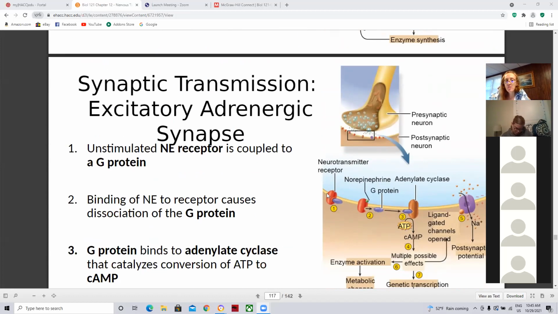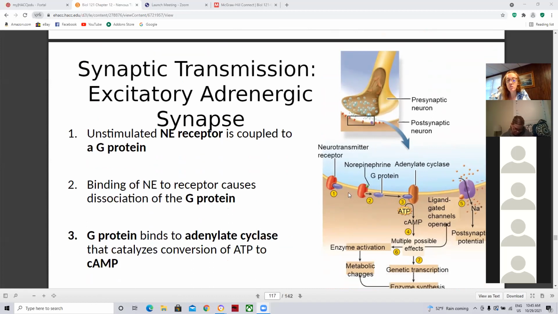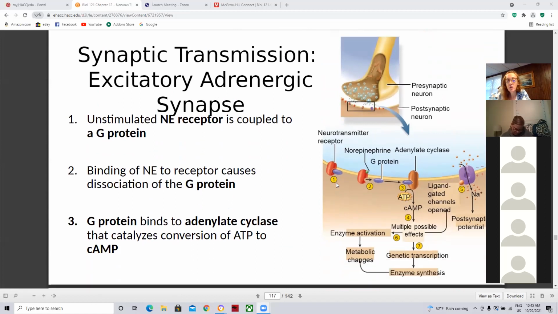So that neurotransmitter receptor is coupled to a G protein. Binding of the neurotransmitter to the receptor results in the dissociation of a G protein that then binds to adenylate cyclase and converts ATP to cyclic AMP.